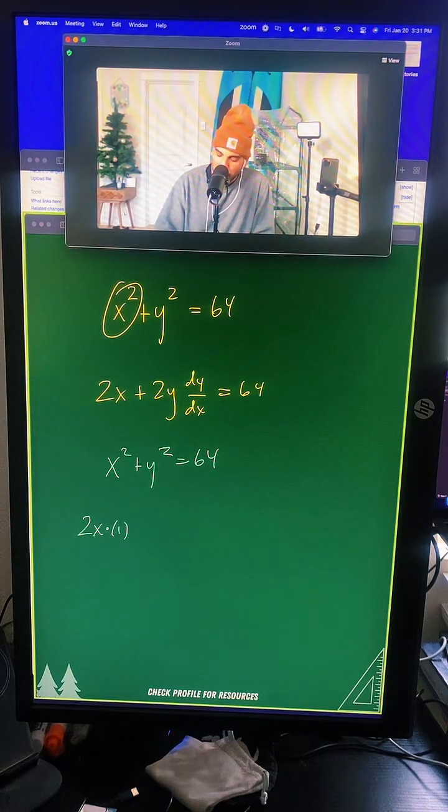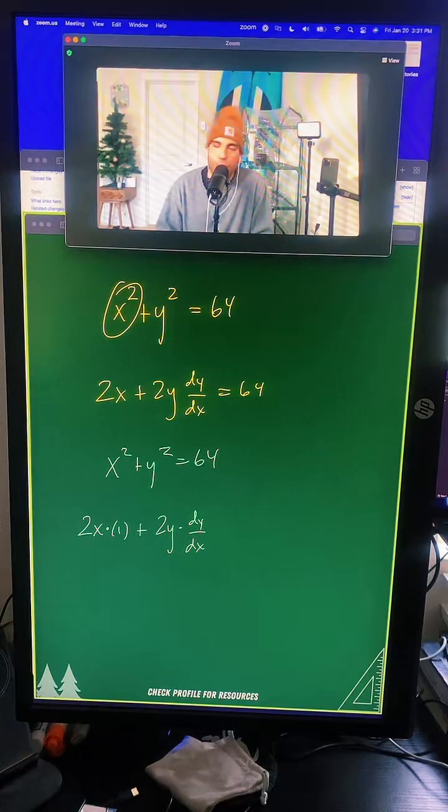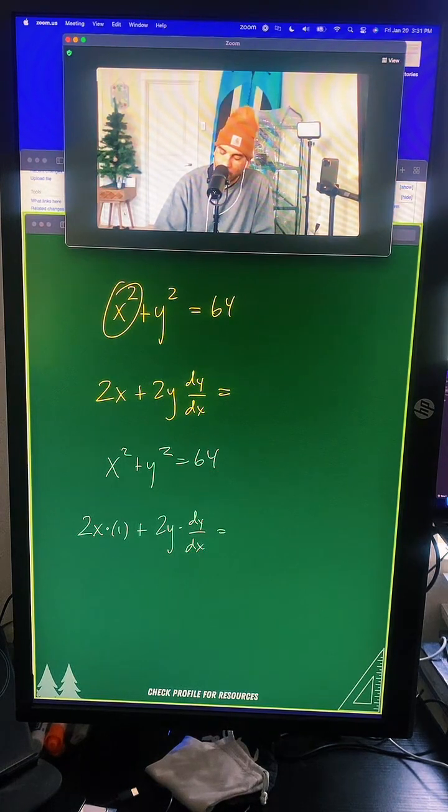Or some people like to put dx over dx, which is the same thing, 1 over 1. When you're taking the derivative of y squared, it's 2y times the derivative of y, but because this is in terms of x, we need to put a dy over dx. And yes, you're absolutely right, I put 64 on the right side, but the derivative of 64, since that's a constant, is going to be 0.